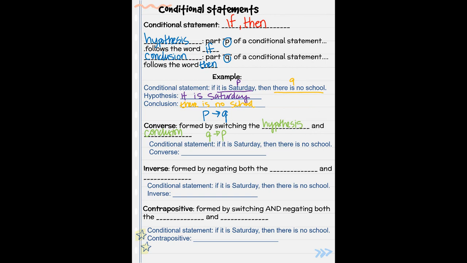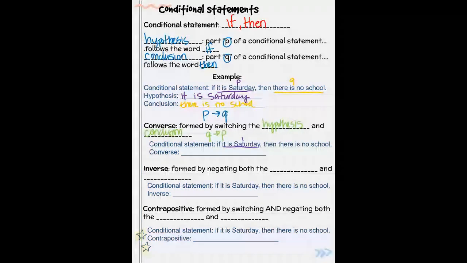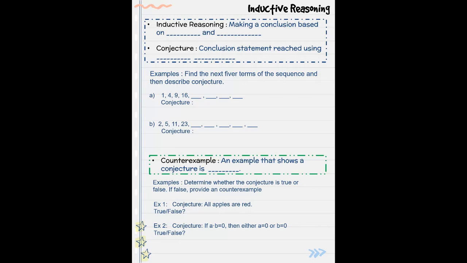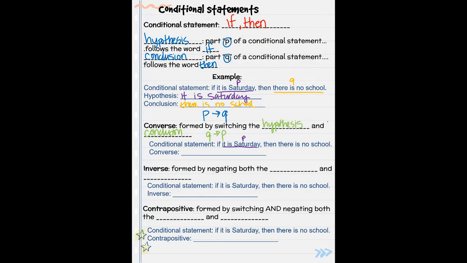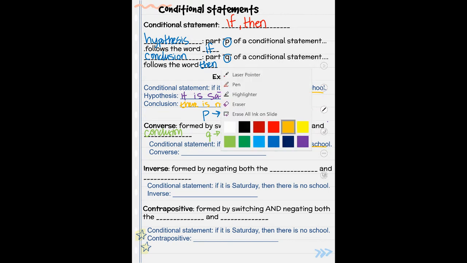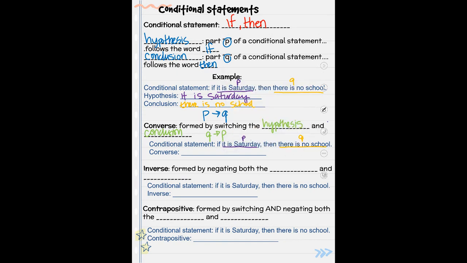So our conditional statement: if it is Saturday, this is our original P, right? Our original conditional statement. This is going to happen at least once during my videos, doesn't it? And then there is no school, that's our Q. For our converse, we are just switching these two phrases.